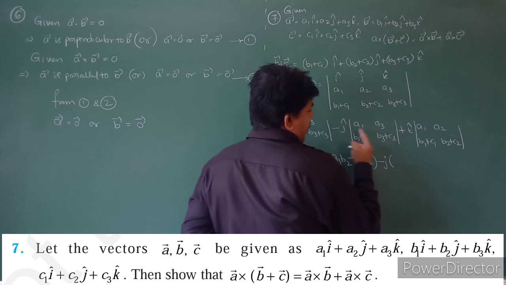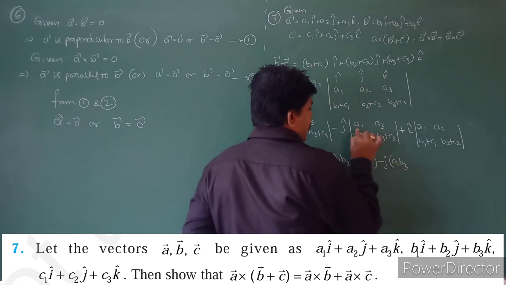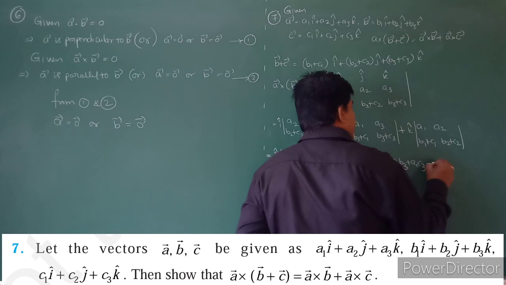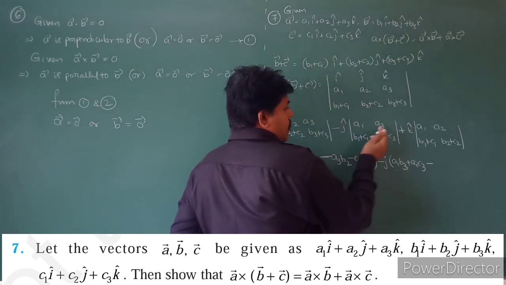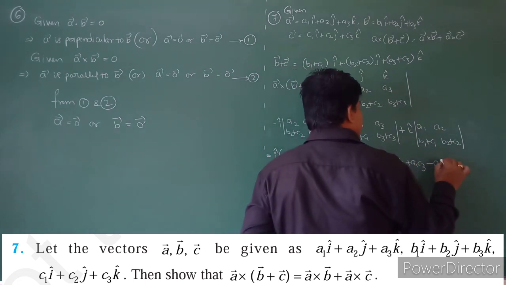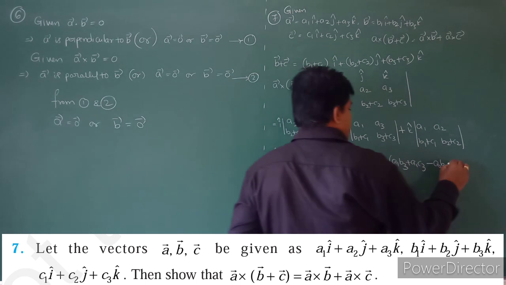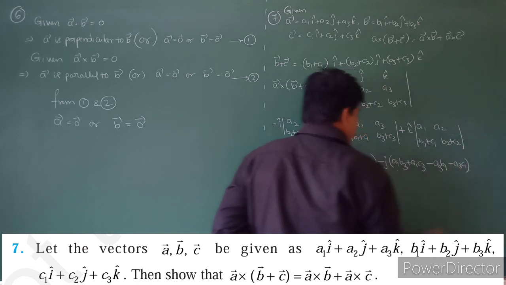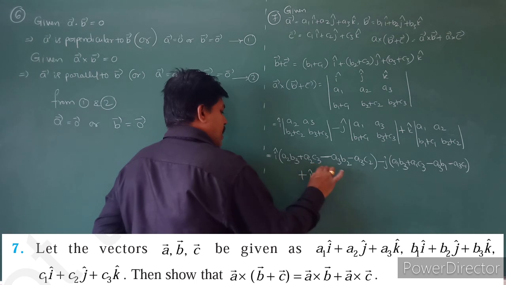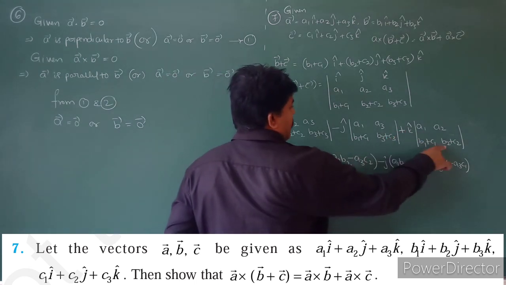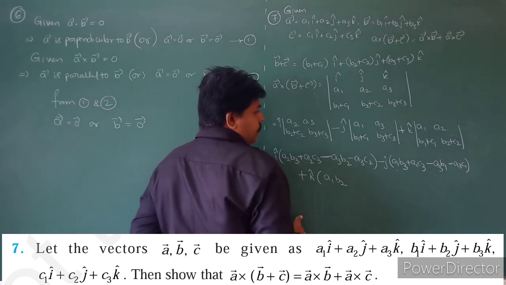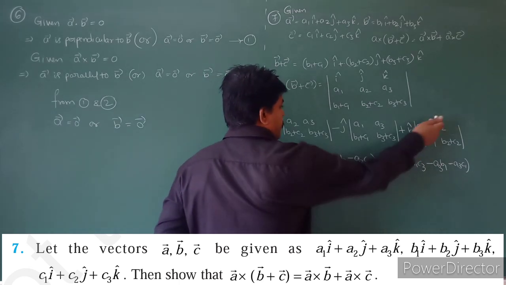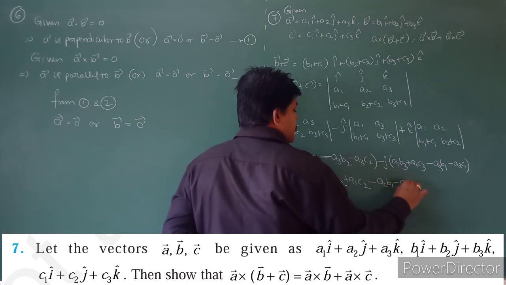Similarly, minus J into, expanding that value here, A1 B3 plus A1 C3 minus A3 B1 minus A3 C1, plus K cap into A1 B2 plus A1 C2 minus A2 B1 minus A2 C1.